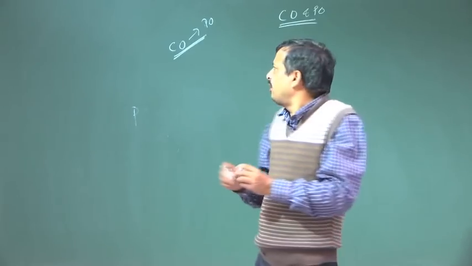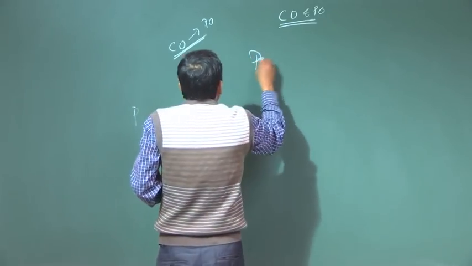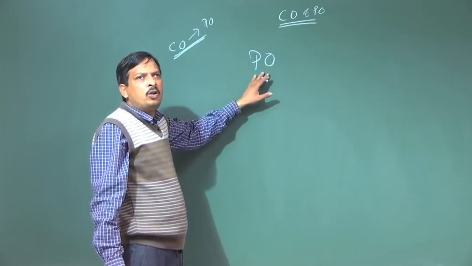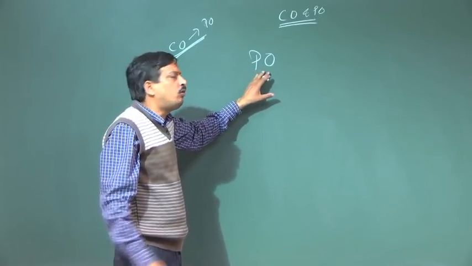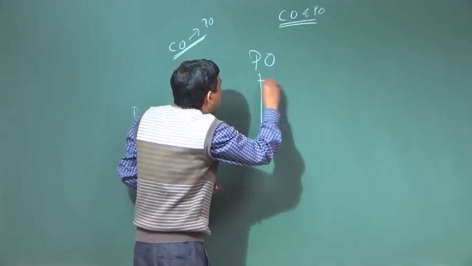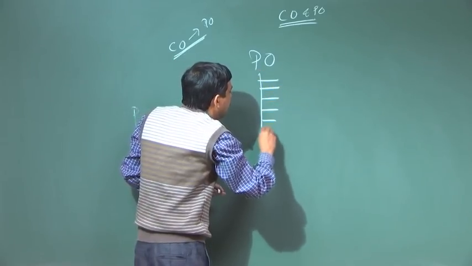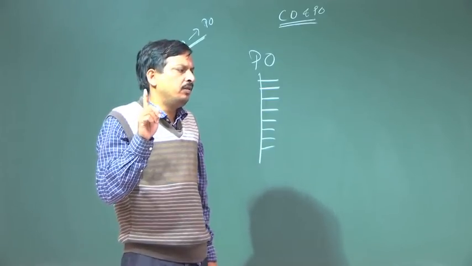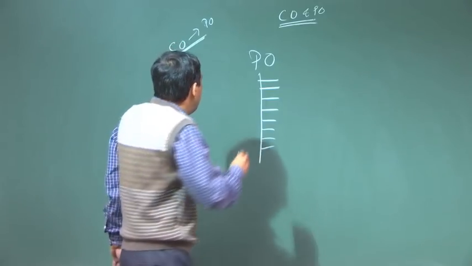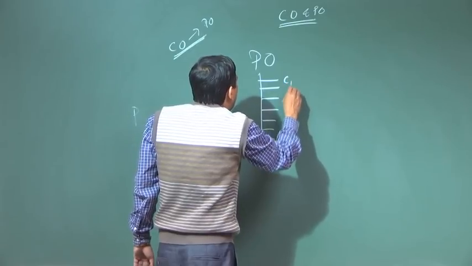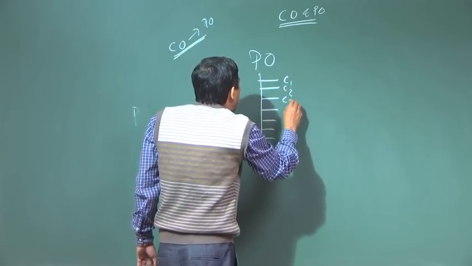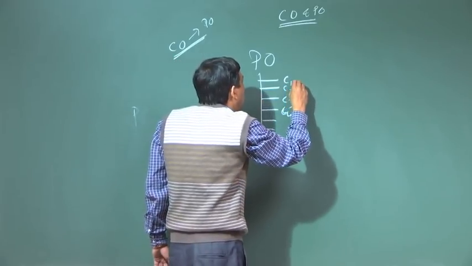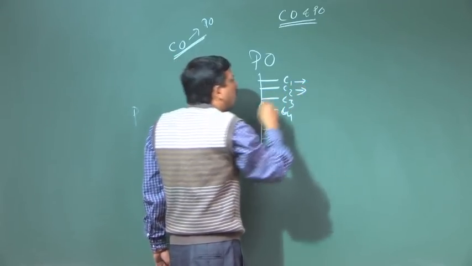Suppose I have a program, with the PO, the program outcomes. To achieve the program outcome, what are the courses I require? This is one of the objectives I have to see. And if I say the courses are C1, C2, C3, C4, C5, then what is the ordering? Will C1 be taught first or C2?